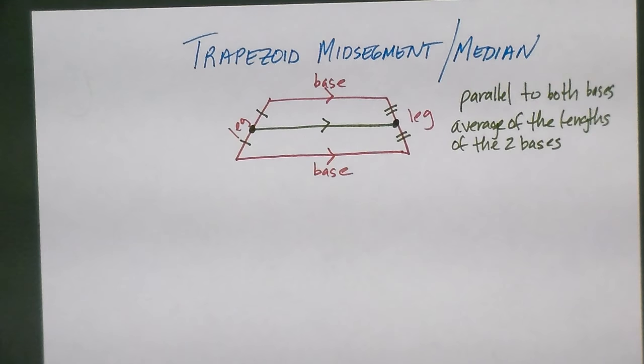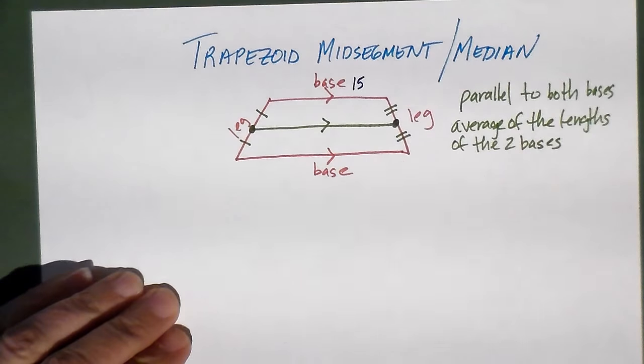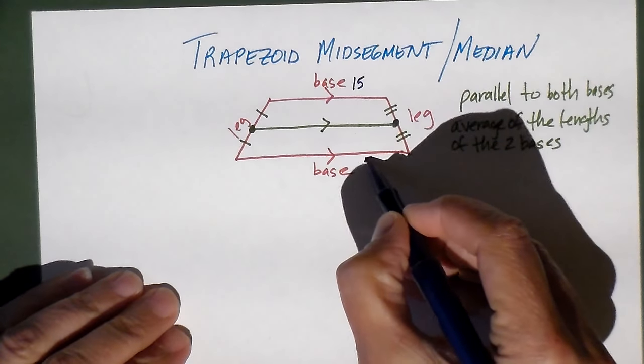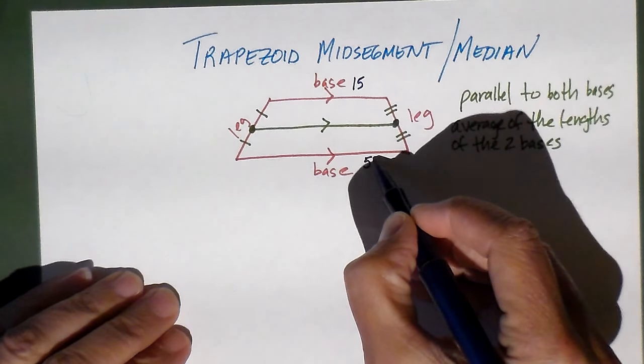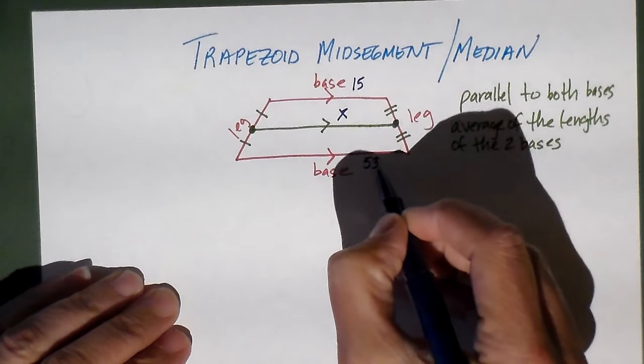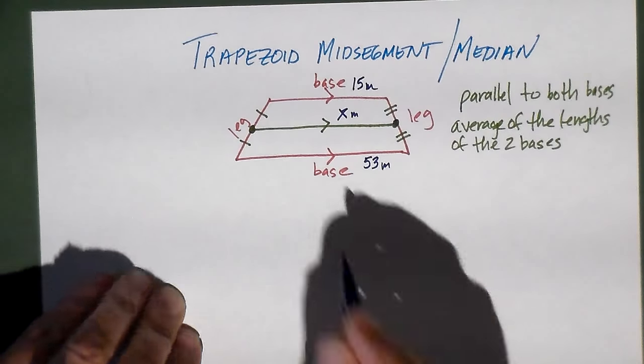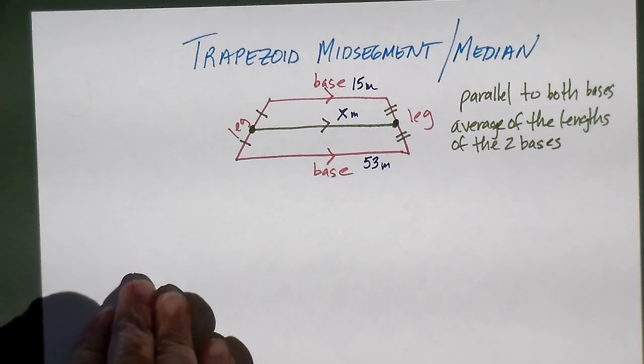So when we have a trapezoid and we want to find a mid-segment, let's say this base is 15 and this base is 53. We'll make this 53 meters, 15 meters. How long is the mid-segment? Well, I'm going to take the average of the two bases.